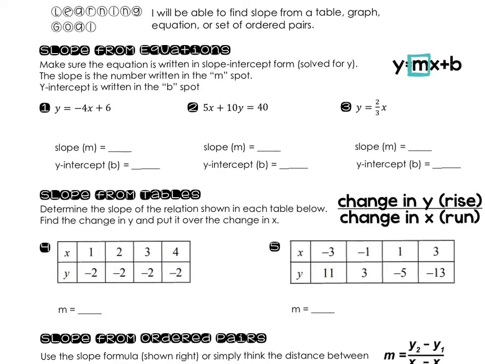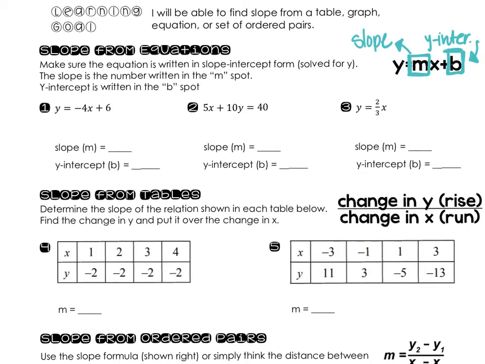So whatever number is plugged in for m is the slope. And whatever is plugged in for b here at the end is the y-intercept. And the y-intercept is just where a line crosses the y-axis, okay?